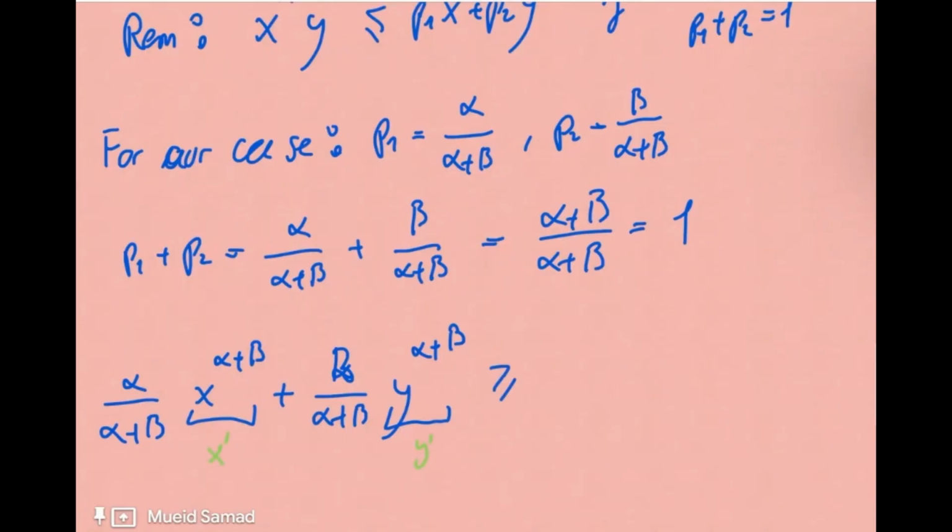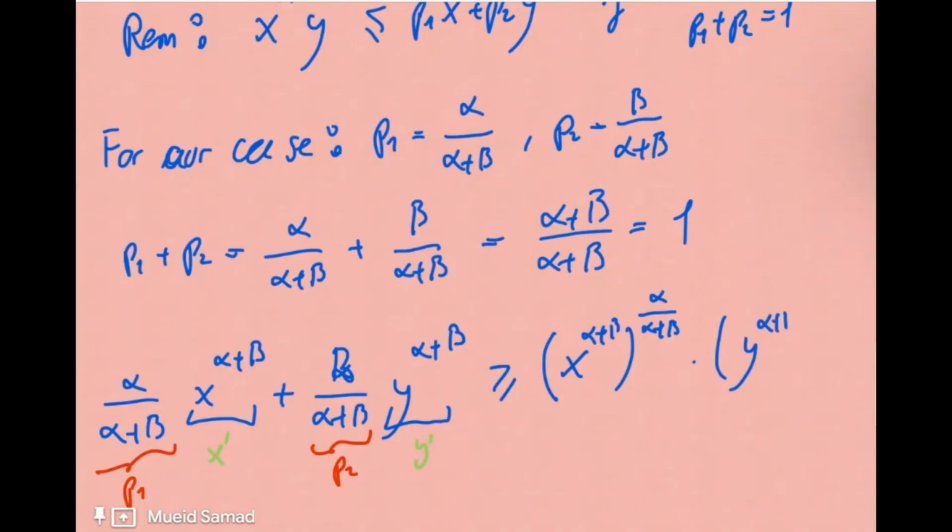This is bigger or equal to x to the power of alpha plus beta to the power of these weights, this is p1 and this is p2, to the power of alpha divided by alpha plus beta, times y to the power of alpha plus beta to the power of beta divided by alpha plus beta.